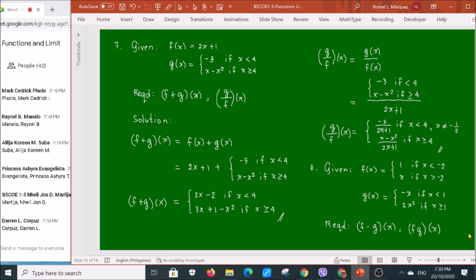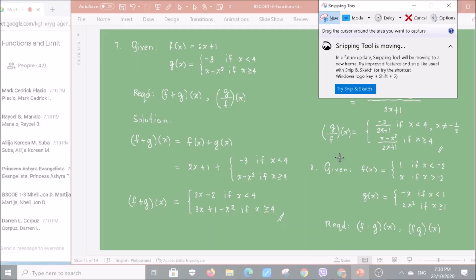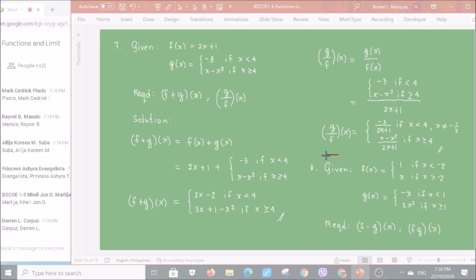And I hope one of you took a screenshot of this. So to make sure, I'm going to snip it so that I know what the givens are.